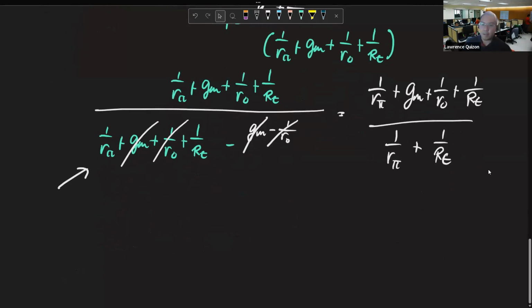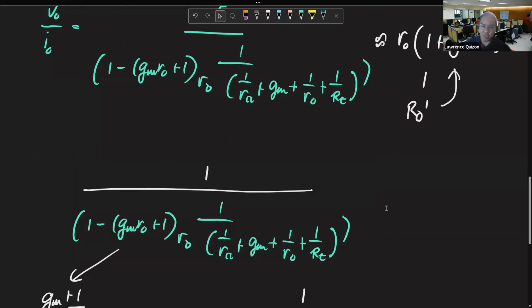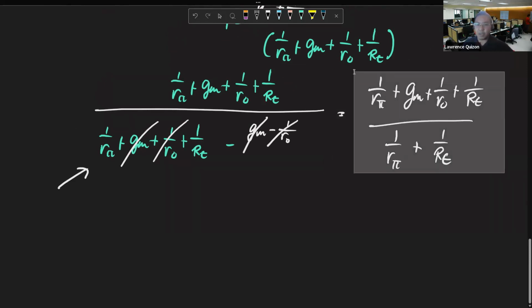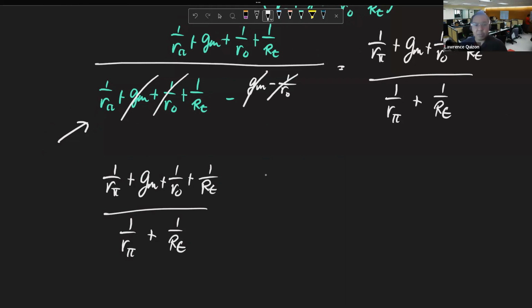Yes. So this one is a very much simplified form of this. I like this a lot more. And I'm going to apply one last thing. I'm going to multiply RE to both sides. So this becomes RE over R pi plus GM RE.